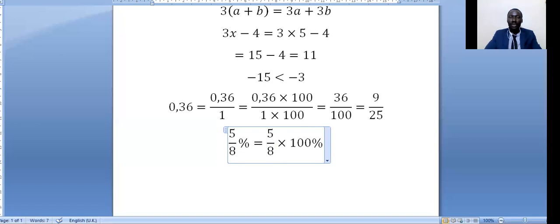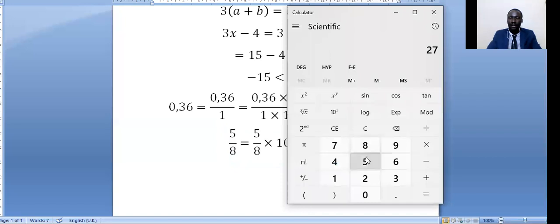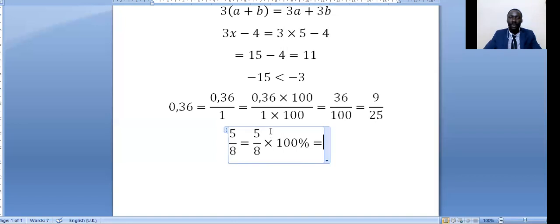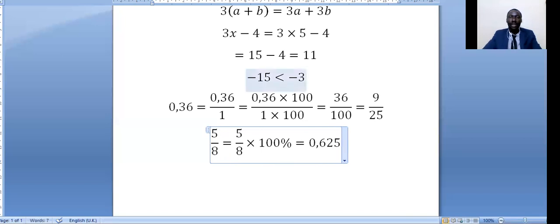And so what is this going to be? Well, 5 divided by 8 is 0.625. That is what we have got. That we still have to multiply with what?